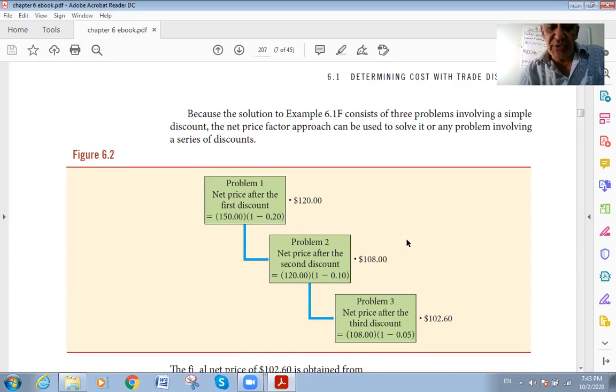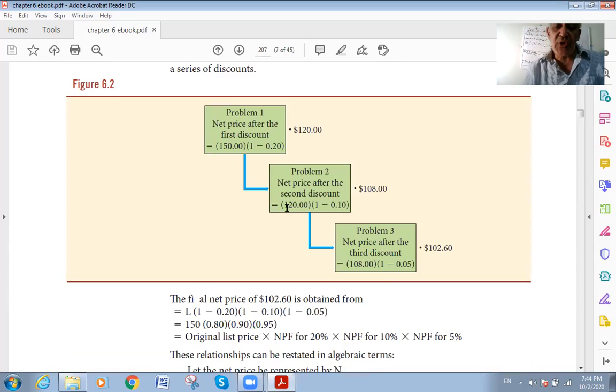Based on the one-line solution, I will say the net price of stage 1 will be 150 multiplied by 1 minus the discount. 1 equals 100%. So if the discount is 20%, then 100% minus 20% gives me the rate of the real price, which is 80%.